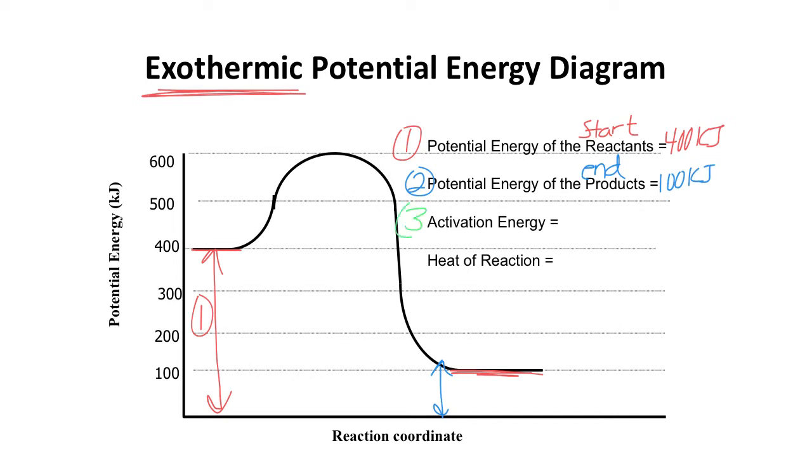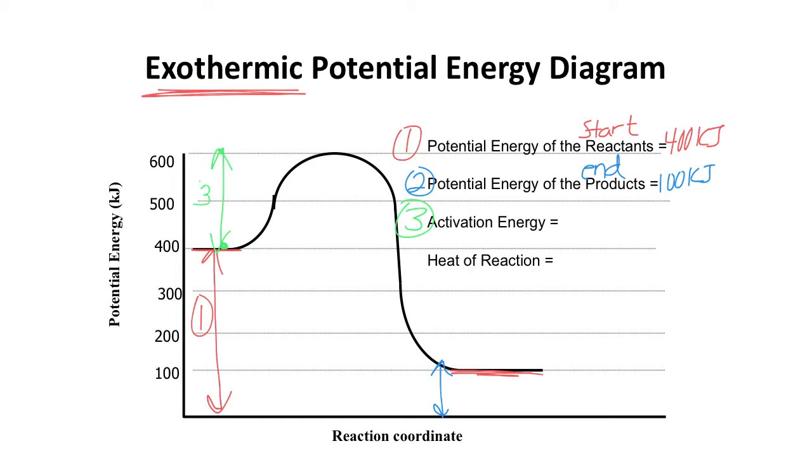Activation energy is something new that we need to talk a little bit more about. Activation energy is the energy needed to activate the reaction, to start the reaction. It is the difference between where you start and the top of the hill.